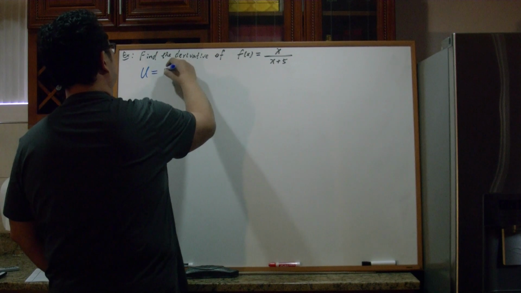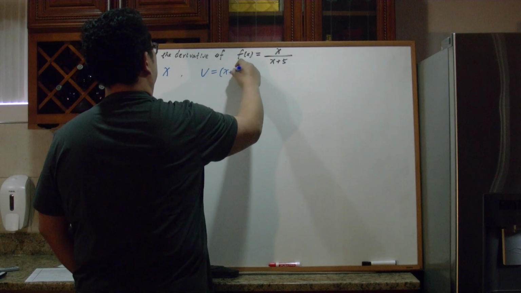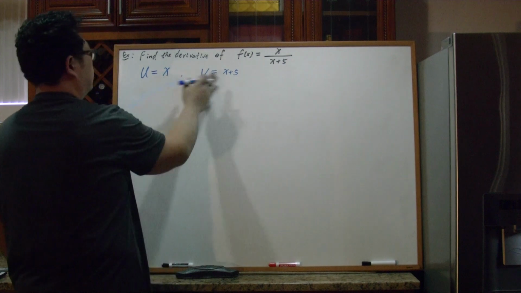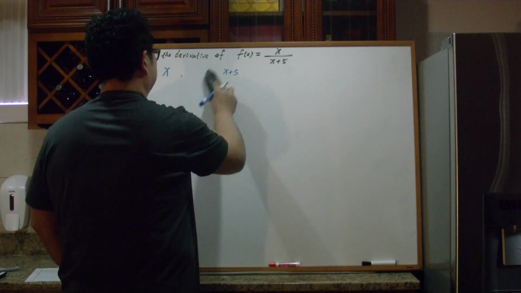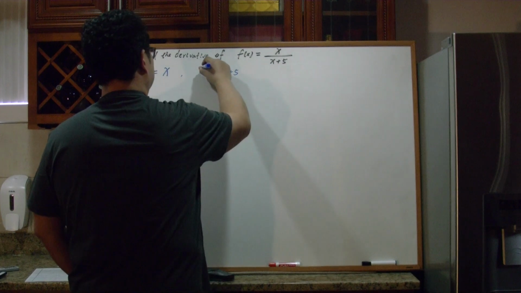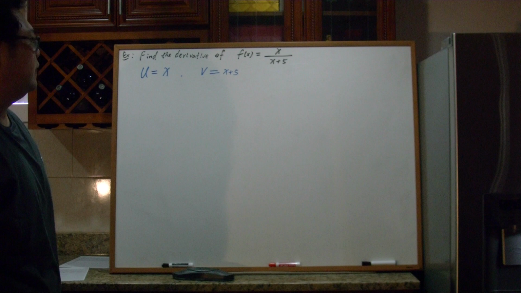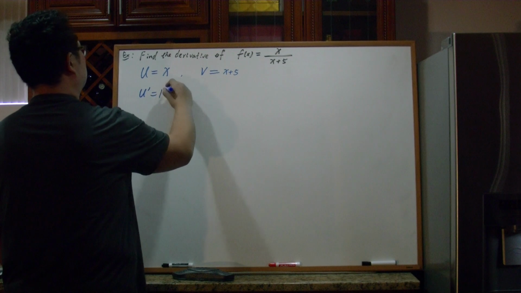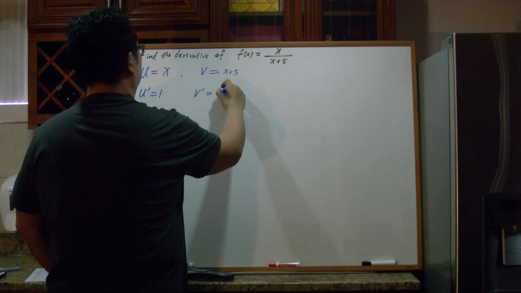u equals x, v equals x plus 5, the numerator and the denominator, to be distinguished. Then u prime, of course, is 1, and v prime is also 1, right?